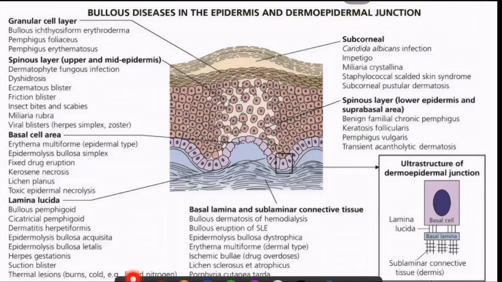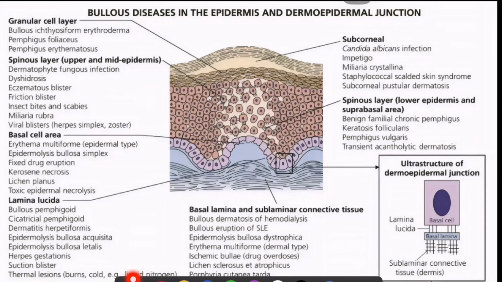So this is again a separation of layers, and the bullous diseases according to the location of the bulla: suppose in the granular layer, if you find a bullous lesion, these are these diseases. If a subcorneal bulla is present, it is mainly due to candidiasis, impetigo, and staphylococcal scalded skin syndrome.